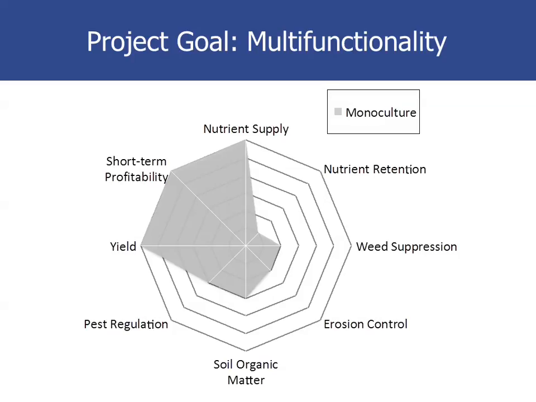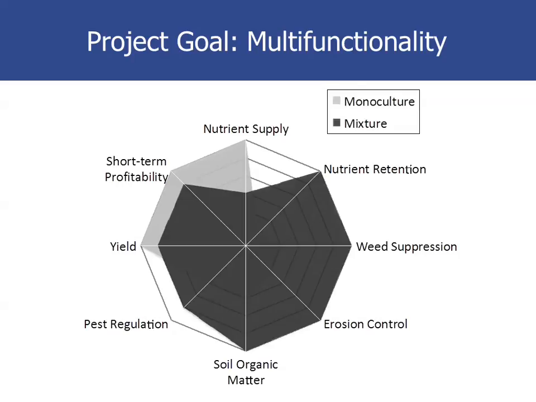This is just to illustrate that we have people studying the effects on soils, on plants, on insects, and we're trying to look at this in an integrated way and compare what a monoculture might look like to what a mixture might look like, and see how the multifunctionality of the system changes as you add more species to your cover crop mixtures.